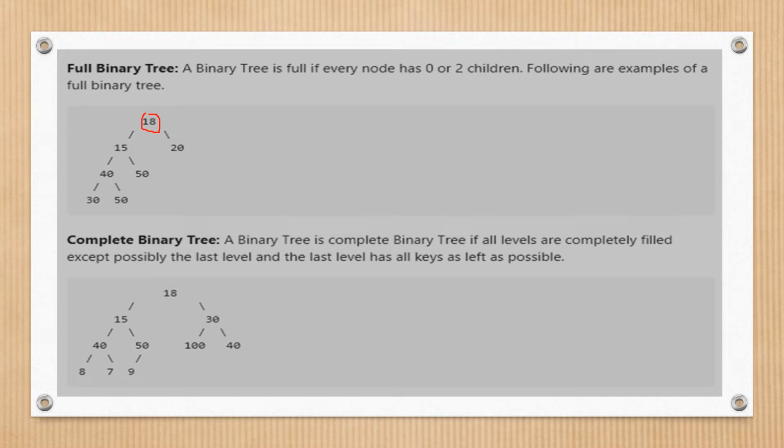If it contains any extra child, then it is not a full binary tree, because here I have written one extra child for this node 20. So if any binary tree has every node with 0 or 2 children, then it is said to be a full binary tree.